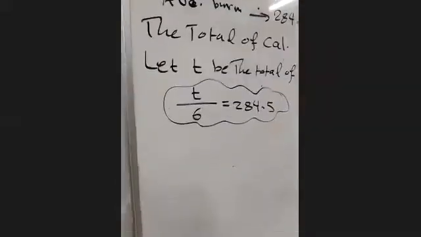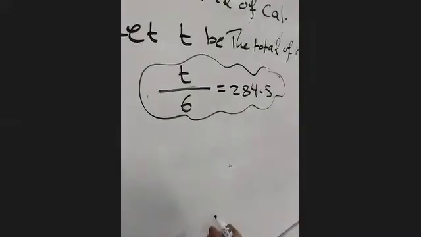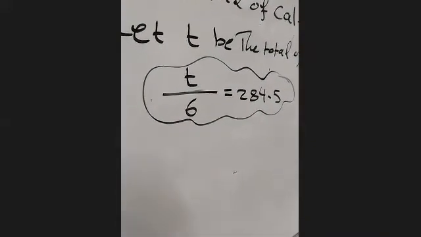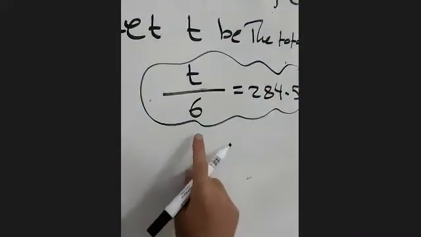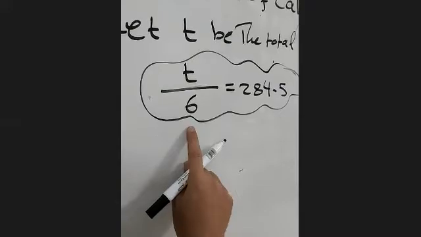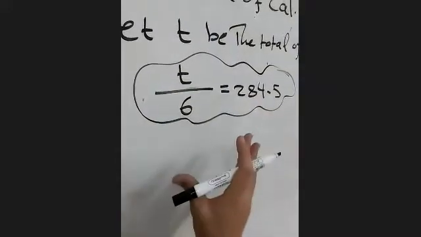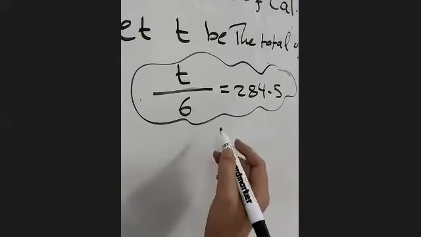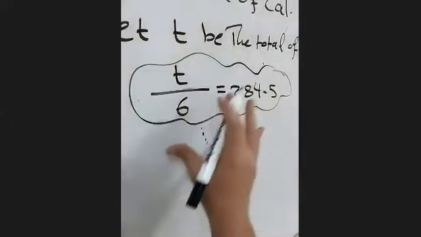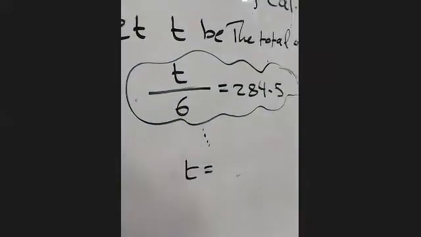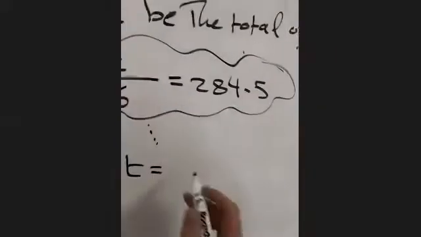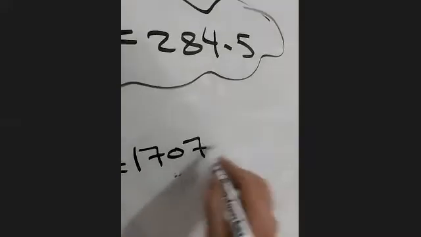Yes. Now, do you know how we will solve it? Yes, we multiply both sides by 6. So we rewrite the equation and do the steps. After you solve it, T will be 1707 calories.